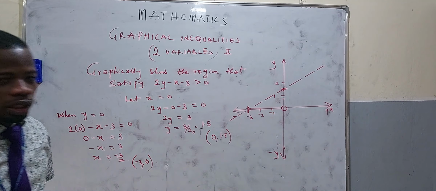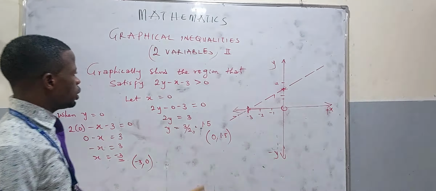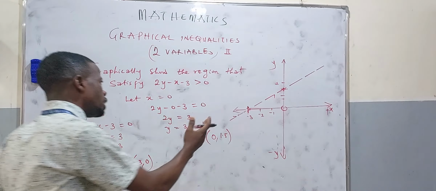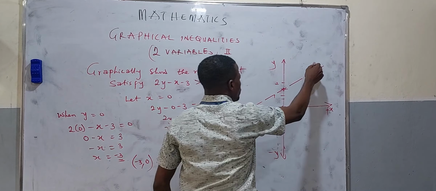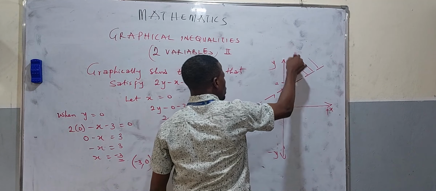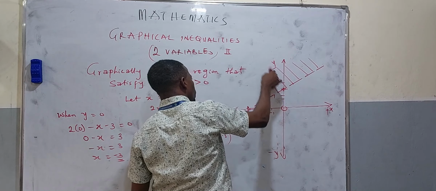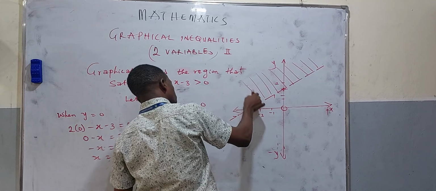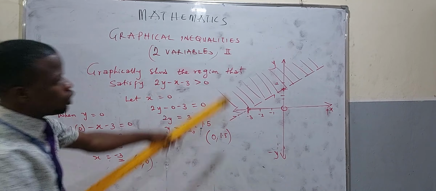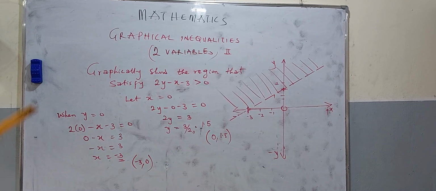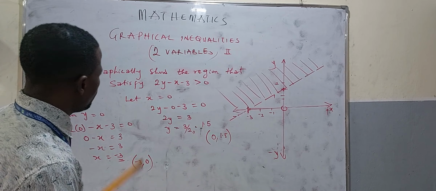You can see that this is the region, and it is greater than, so greater than should go up. So the region should be this. That's all; I've shown the solution here. You get it? We can solve more questions involving this.